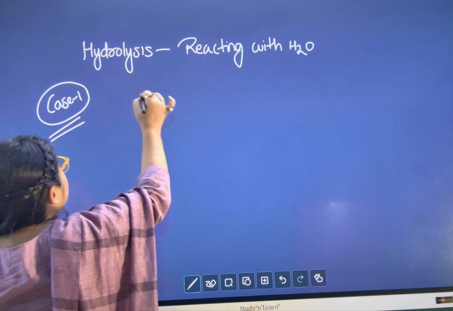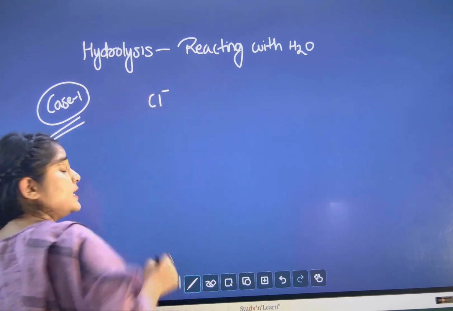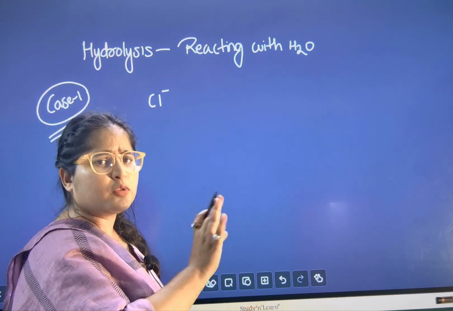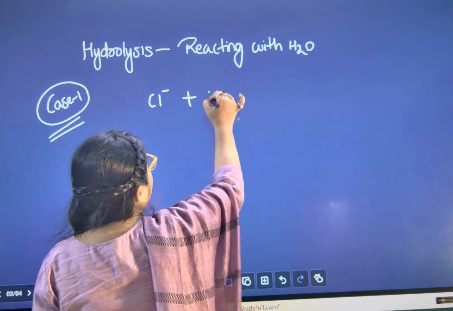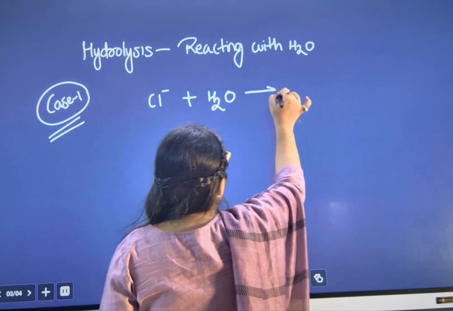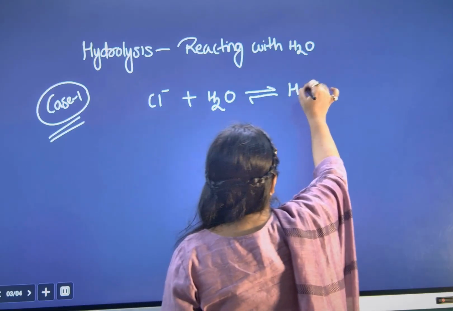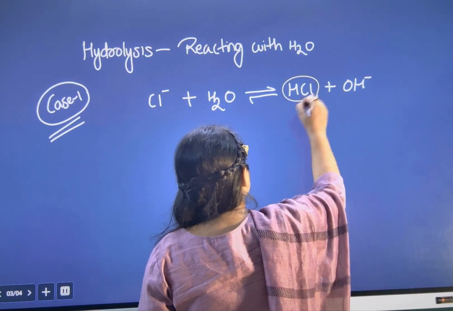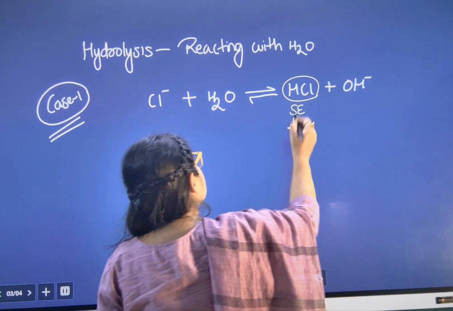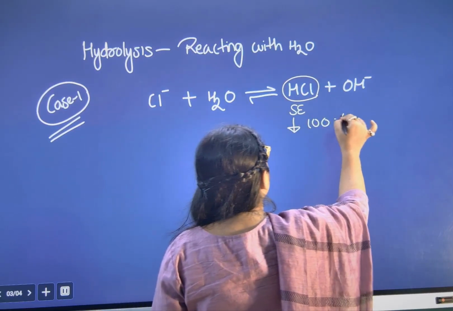Let us take here Cl minus. The Cl minus ion would have come from a strong acid, that is HCl. If we react Cl minus with water, what will happen? It will take H plus ion, become HCl and give OH minus. Now HCl is a strong electrolyte, so this HCl will undergo 100% dissociation.